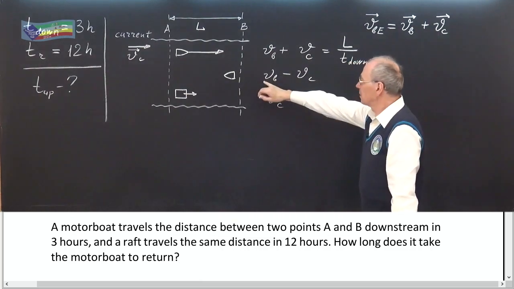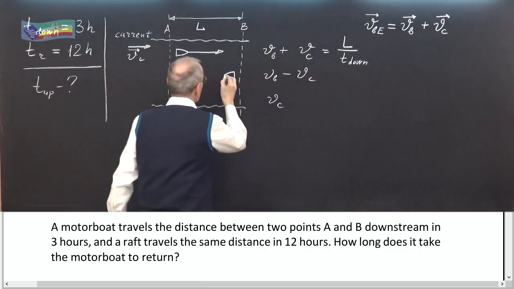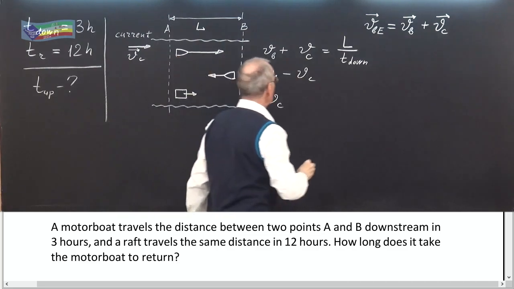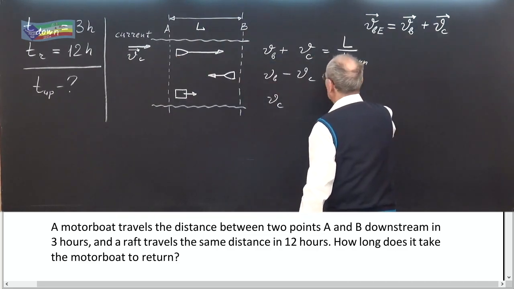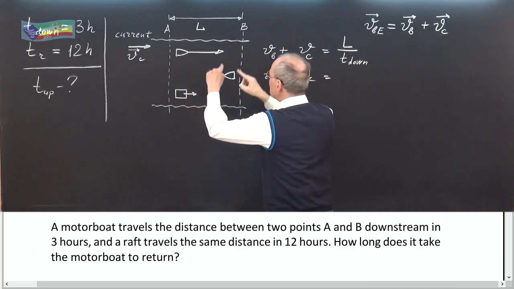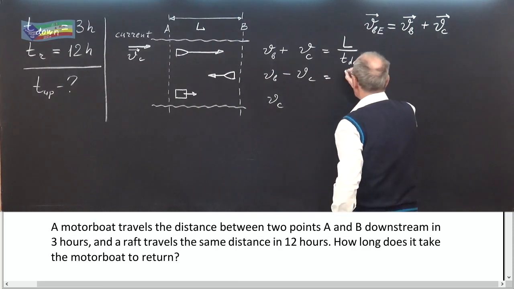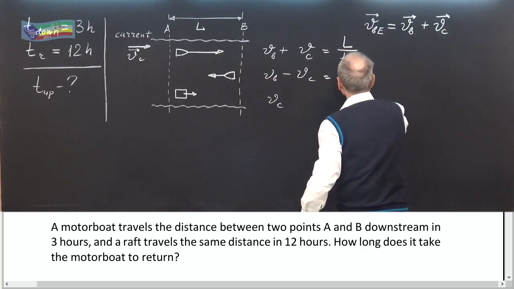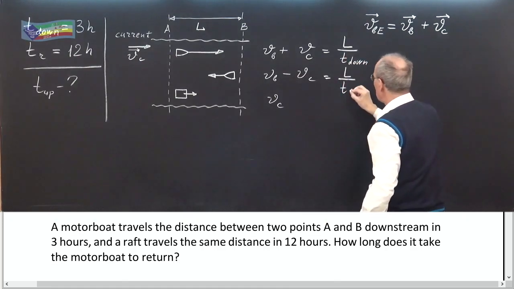The speed of the boat when it returns from B to A equals distance divided by time, L divided by T up.